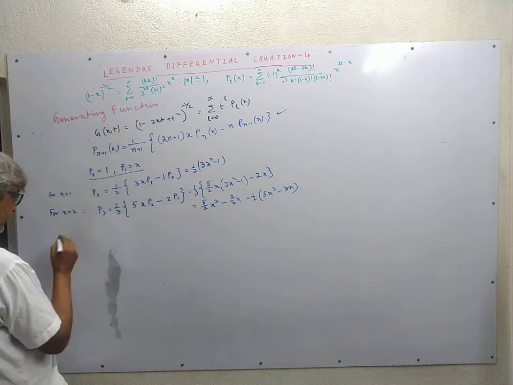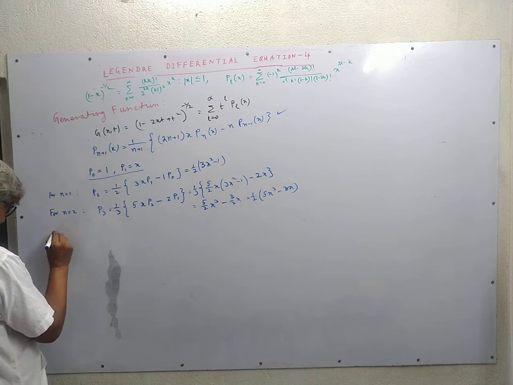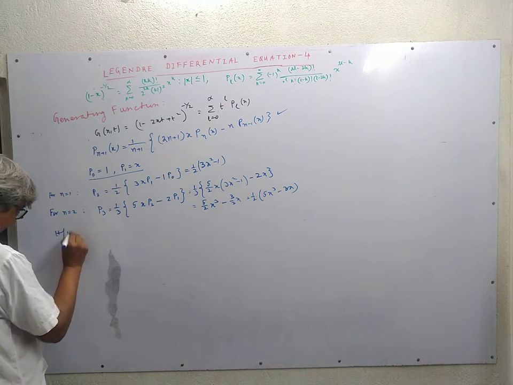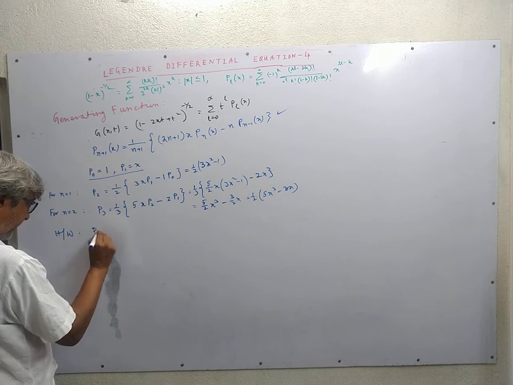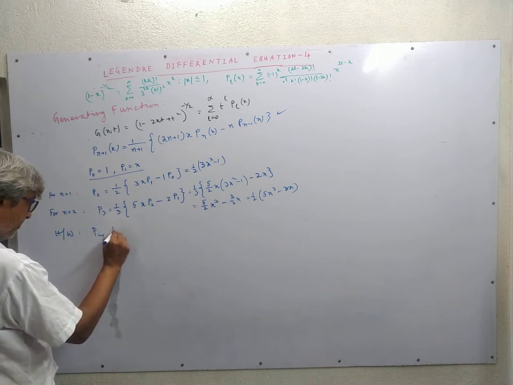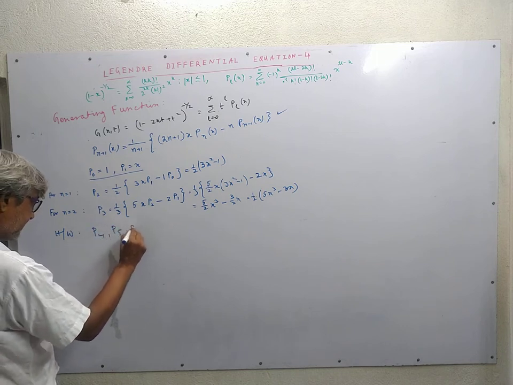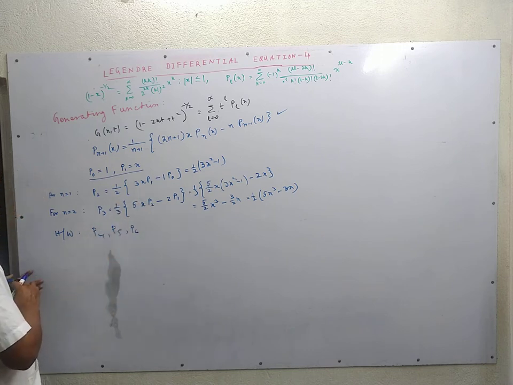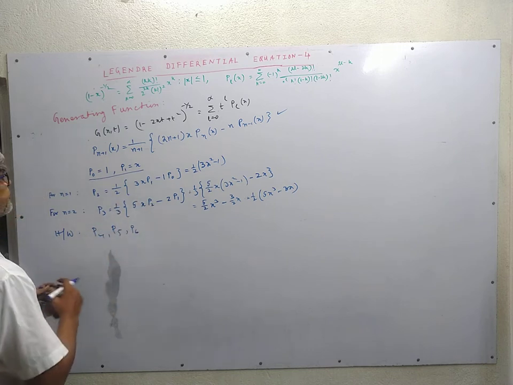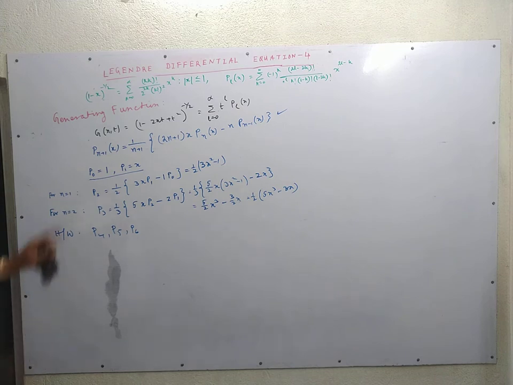Before going to the second one, students are advised to find P4, P5 and P6 using the generating function and recurrence relation. Now this generating function is a function of argument x and parameter t.